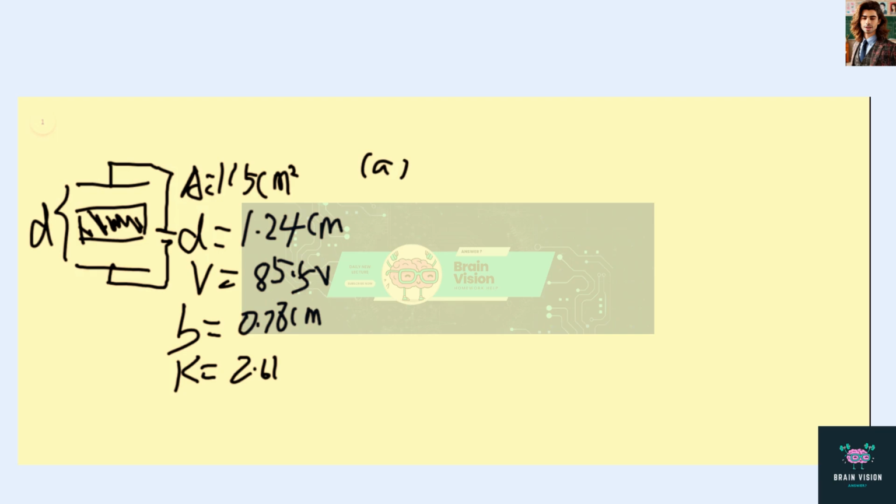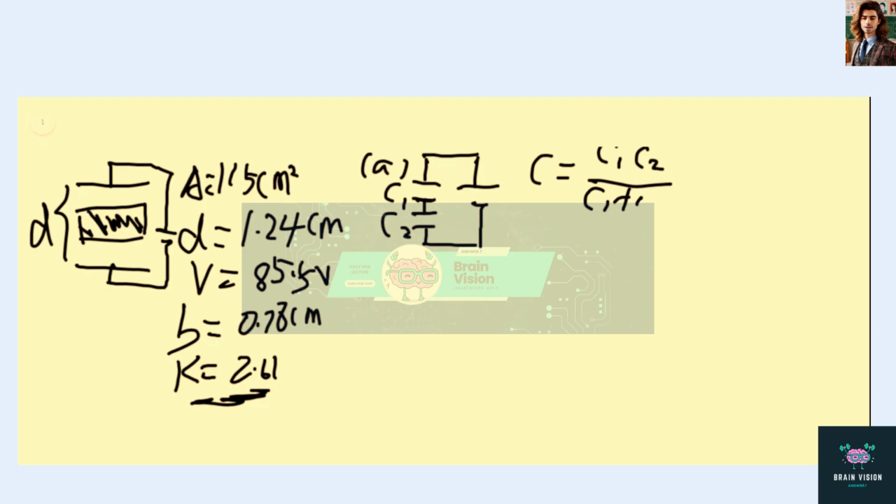To simplify this setup, we can treat it as series connected capacitors. C1 is filled with air, and C2 is filled with the material with the 2.61 dielectric constant. Then the total C will be equal to C1 C2 over C1 plus C2.